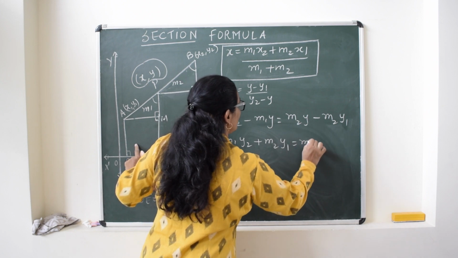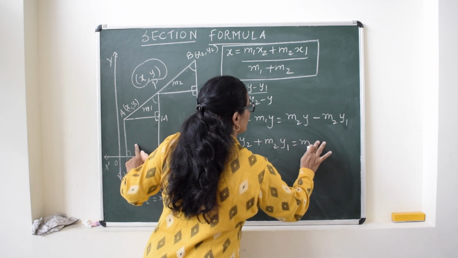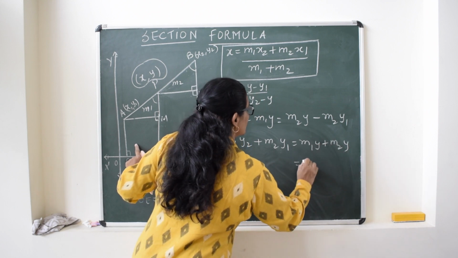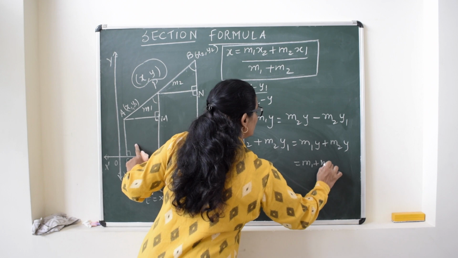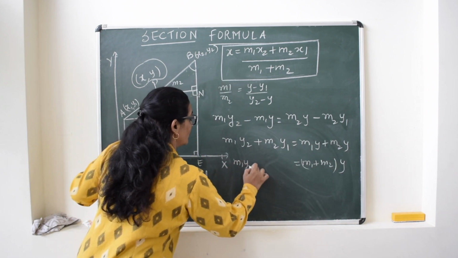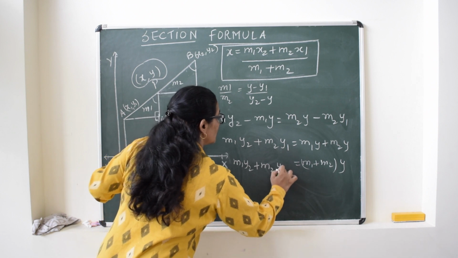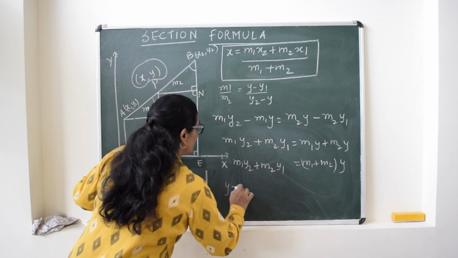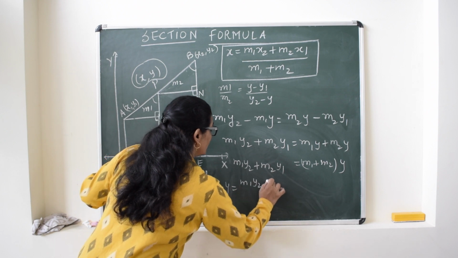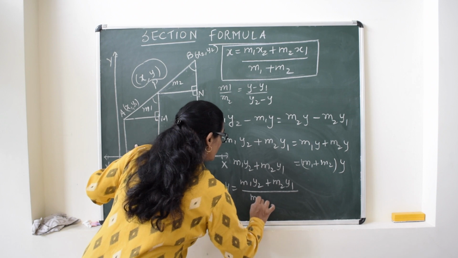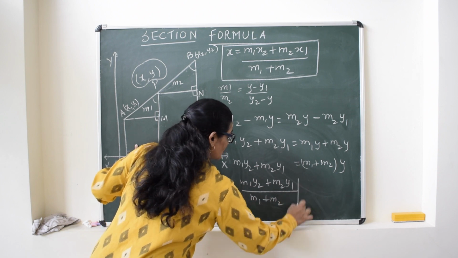So this will be m1y plus m2y. Now we will take out y common. So this will be m1y2 plus m2y1. This will come down. So the value of y is equal to (m1y2 + m2y1) upon (m1 + m2).